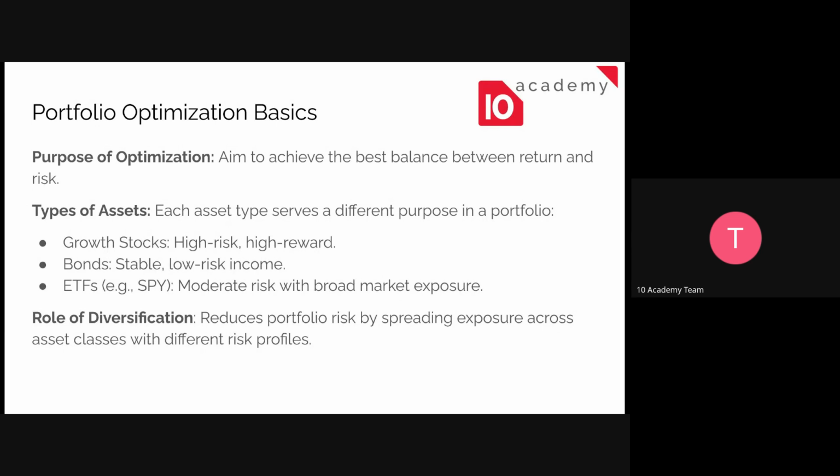So portfolio optimization is for you to achieve the best balance between return and risk. You still want to get some return, but with minimal risk. Of course, you cannot avoid the risk at all, but minimizing it is the best way.